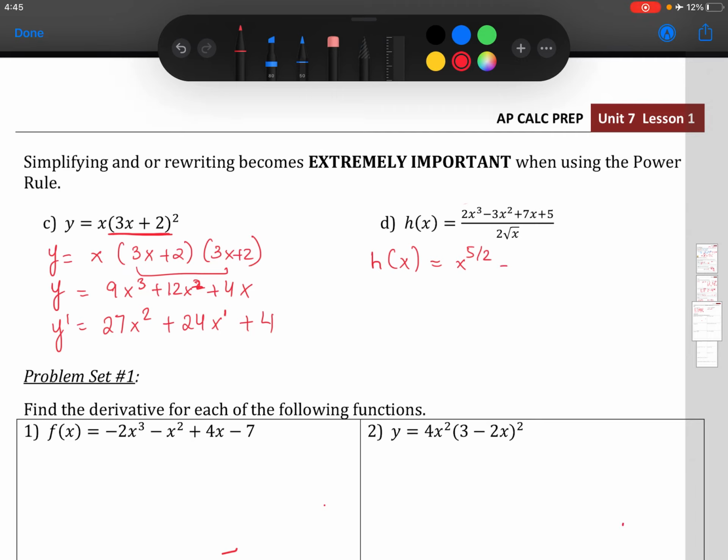Then 3 divided by 2 is -3/2, and x squared divided by rad x is x to the 3/2, right? And then I'm left with plus 7 x to the 1/2, right? This is x to the first, and this is the same thing as x to the 1/2. So I'm just subtracting the exponents because it's division.